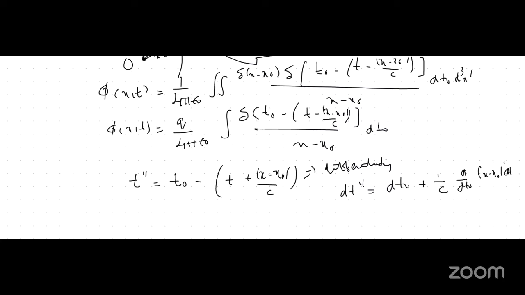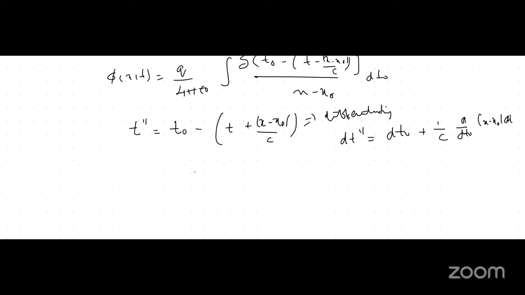Now if you solve this equation, we get dt double dash equals dt naught into (1 minus beta dot r by r). Here r is equal to the modulus of x minus x naught, and in place of beta it is v by c.